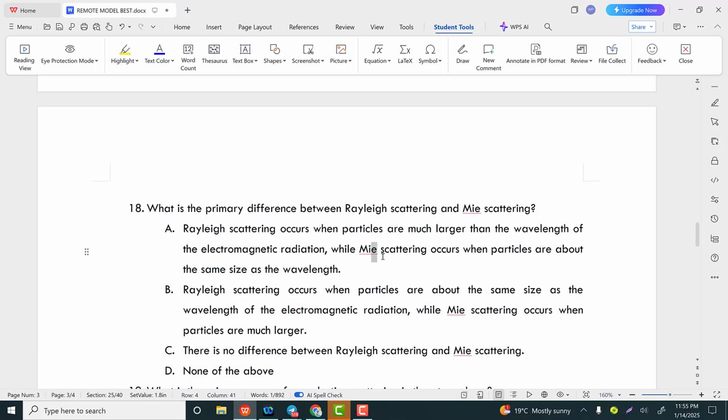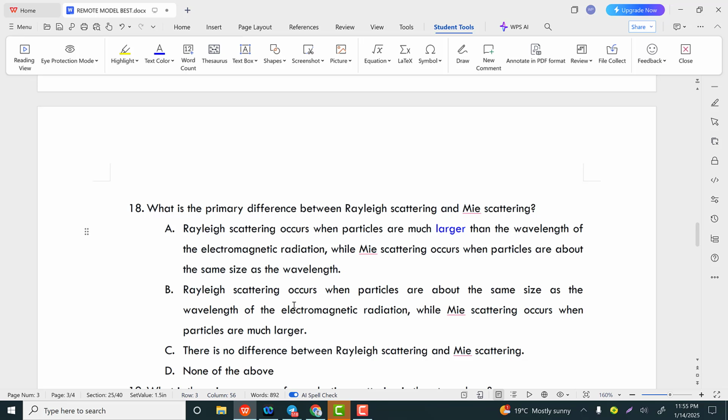This is true, but Rayleigh scattering occurs when particles are much smaller than, not larger than. This larger should be smaller for the statement to be correct. So this statement is incorrect.